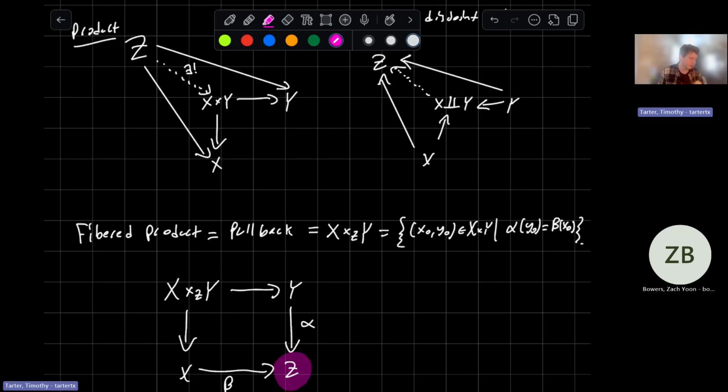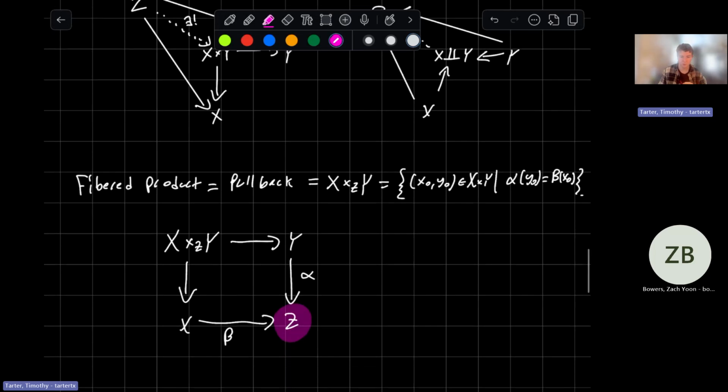This becomes particularly relevant when we talk about homology and cohomology groups, because you can characterize a lot of things with pullbacks.